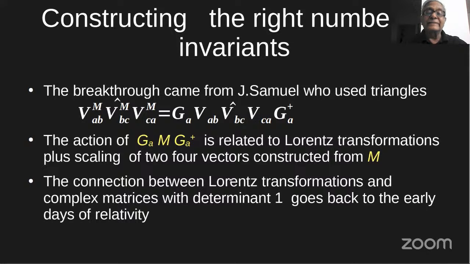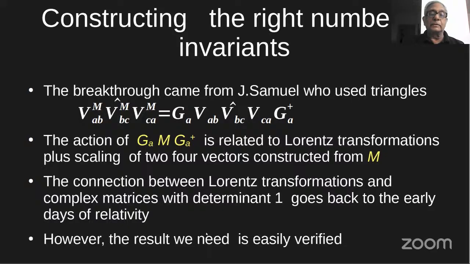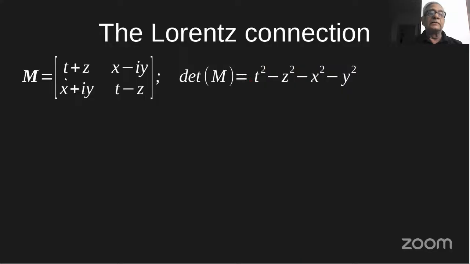Now this connection between Lorentz transformations and complex matrices with determinant 1 goes back to the early days of relativity. Okay. But you don't have to go back to those early days because our goal is very limited. The result we need is easy to verify. So here is a general complex matrix, but written more or less as we wrote the Stokes parameters, right?